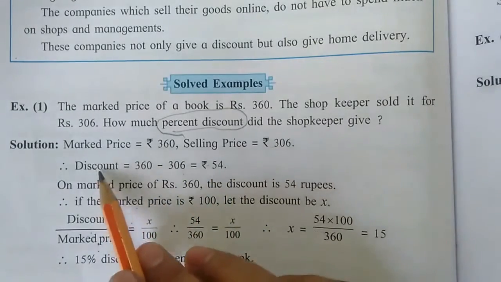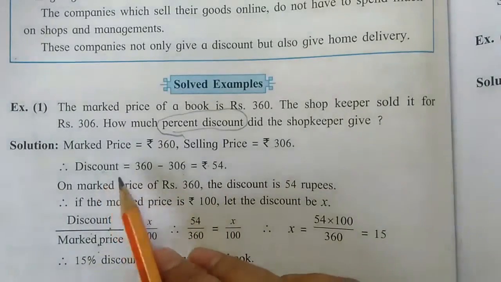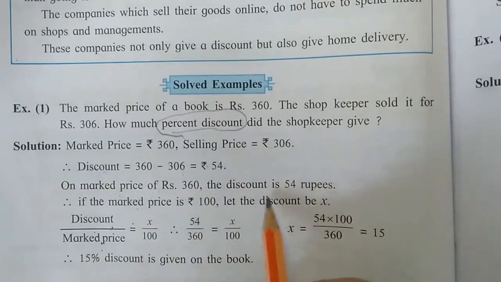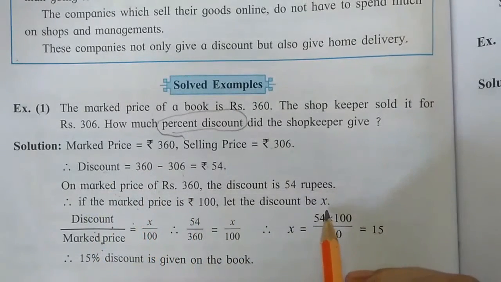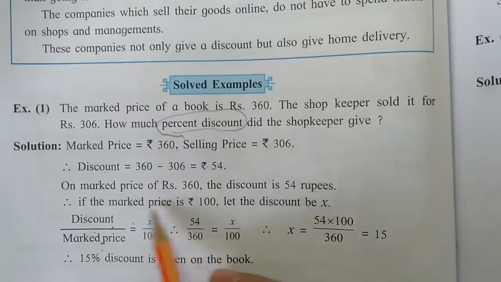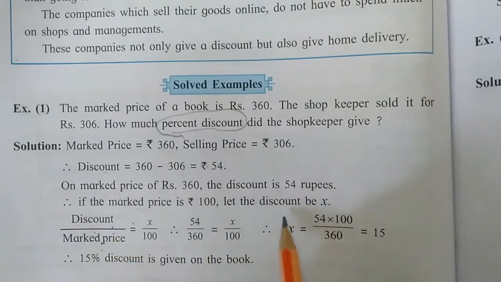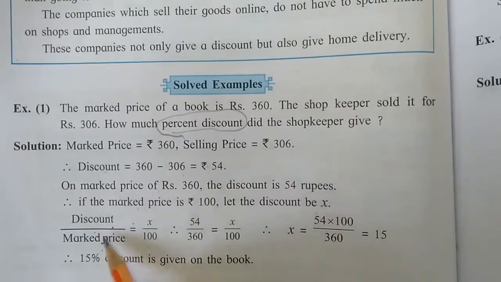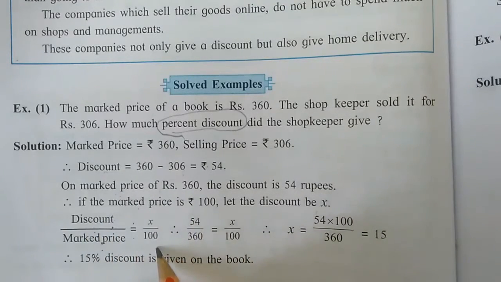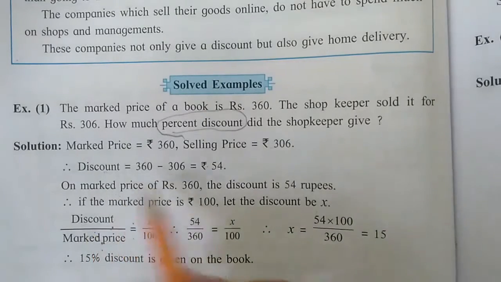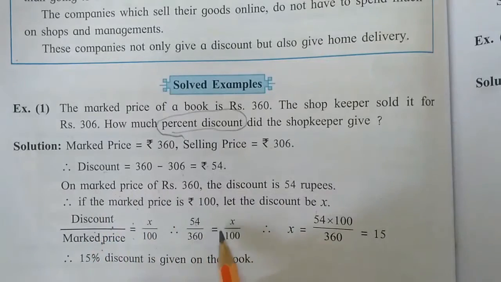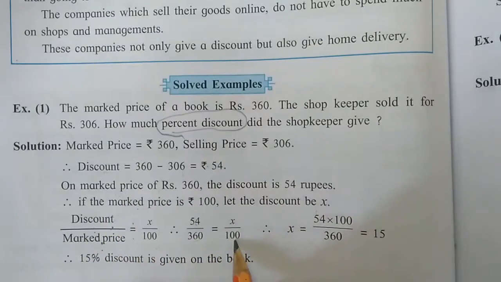Now here we have to calculate the discount percent. On a mark price of rupees 360, the discount is 54 rupees. If the mark price is 100, let the discount be X. So obtain the ratio: discount upon mark price is equal to X upon 100. Put the values. The discount is 54, mark price is 360, equal to X upon 100.